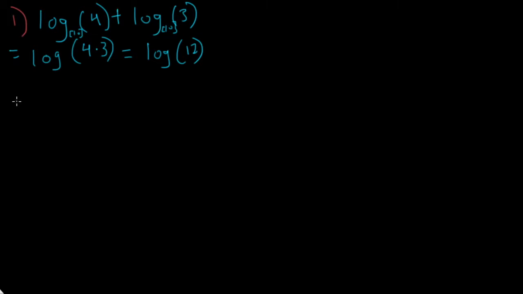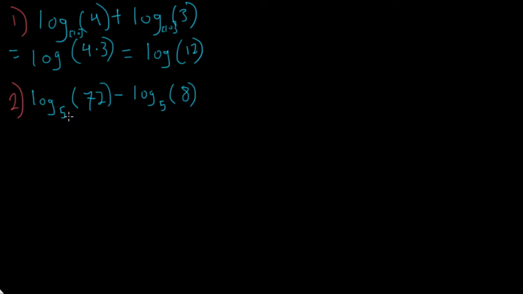All right, now let's try another one. For this one, we're going to have log base 5 of, say, 72 minus log base 5 of, let's say, 8. Try to figure out what that's going to be.